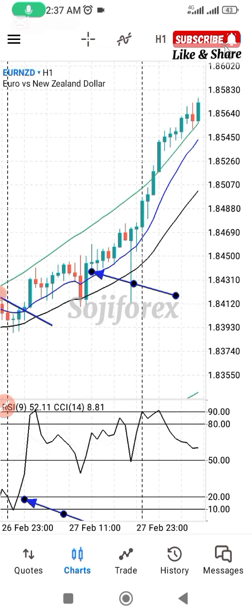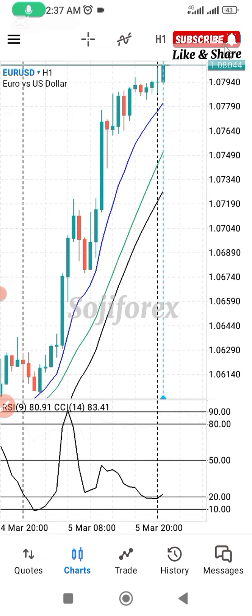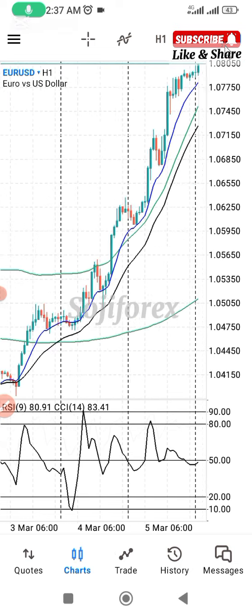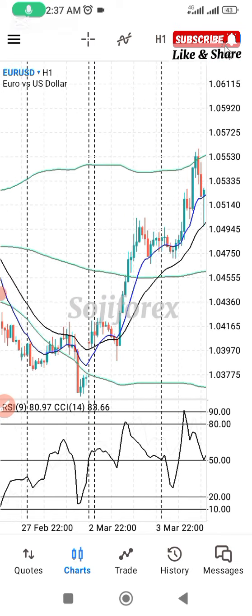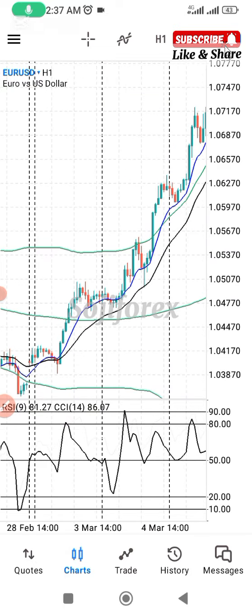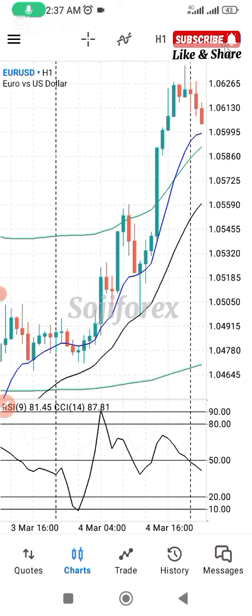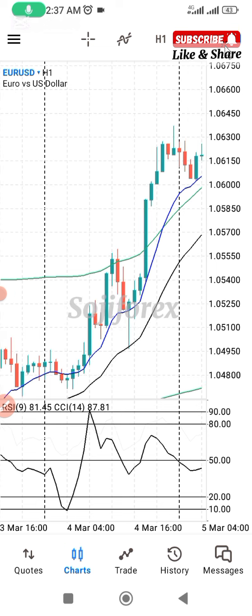So you can see how exactly this strategy plays out. It's easy for you to understand, and it is straightforward. So this is how it plays out, and this is how you can take advantage of this using your candlestick pattern to find your entry.